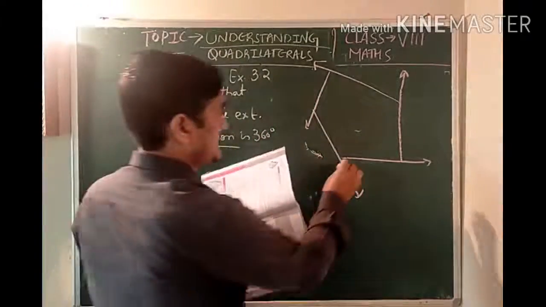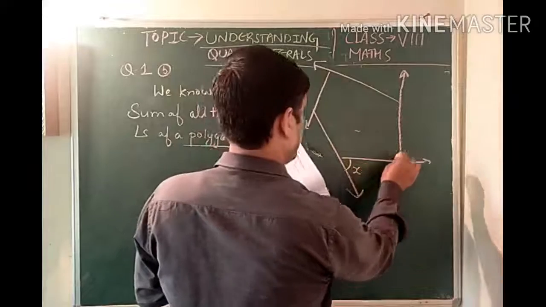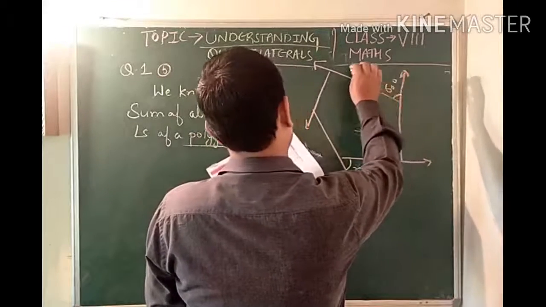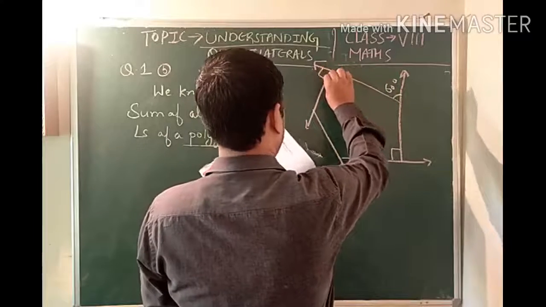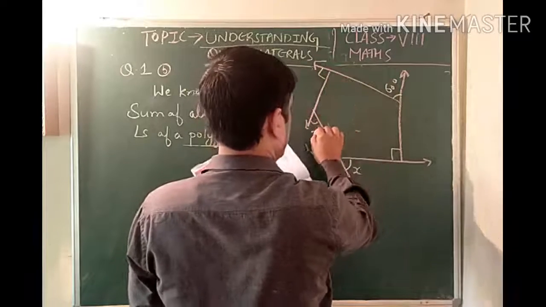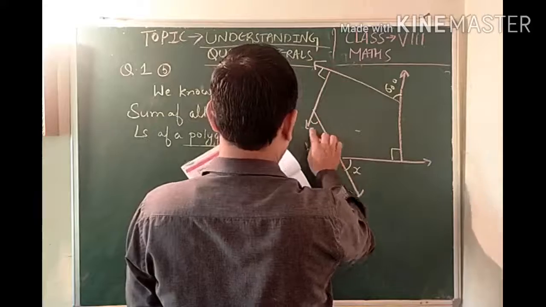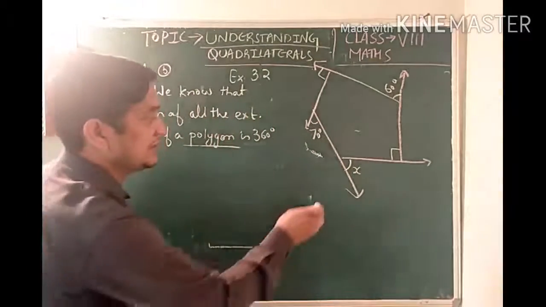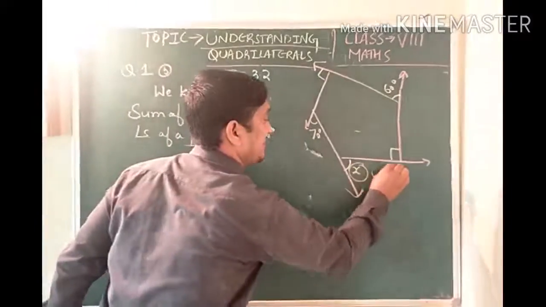Now here we have this value x, this is 90 degree, this is 60 degree, this is also 90 degree, this is 70 degree. Now children, here we have to find the value of this exterior angle, that is x.